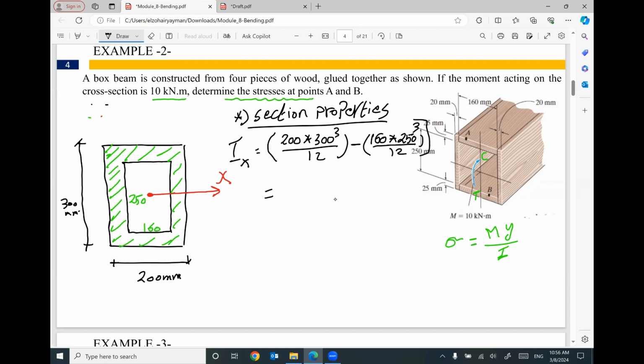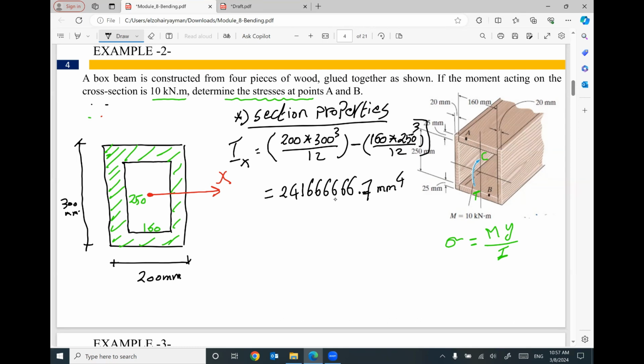Then I can find the moment of inertia of this cross section. 200 times 300 cubed divided by 12 minus 160 times 250 cubed divided by 12 will give you a value of 241,666,666.7 millimeter to the power 4.